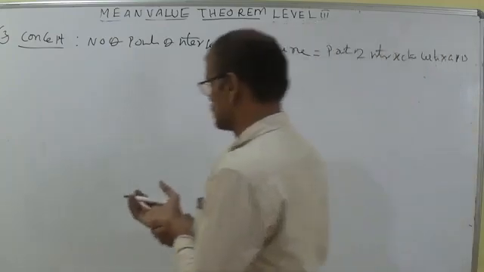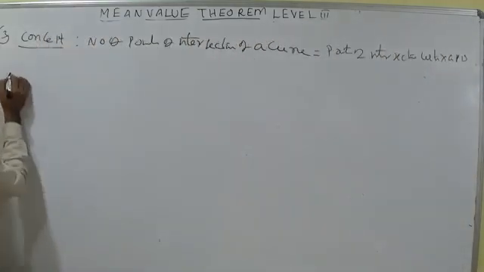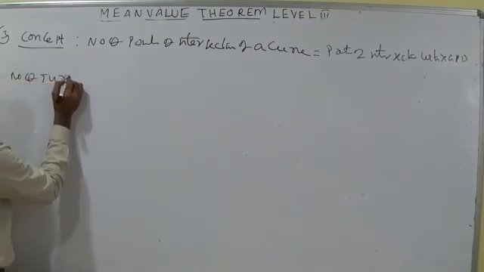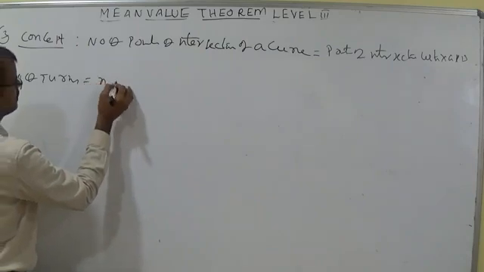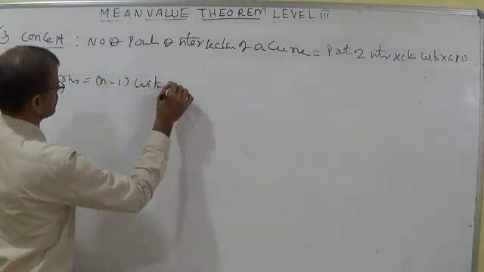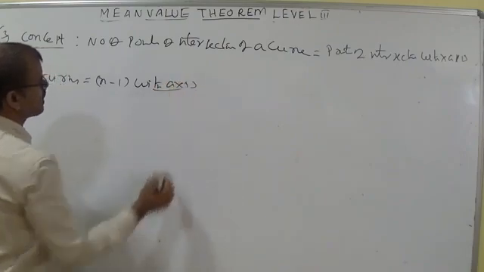Next one, the number of turns is equal to n minus 1 with the x-axis. The turns are points of intersection.